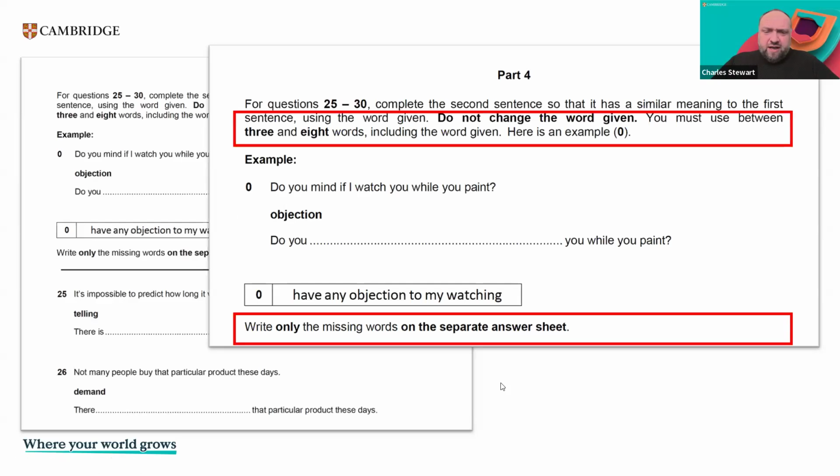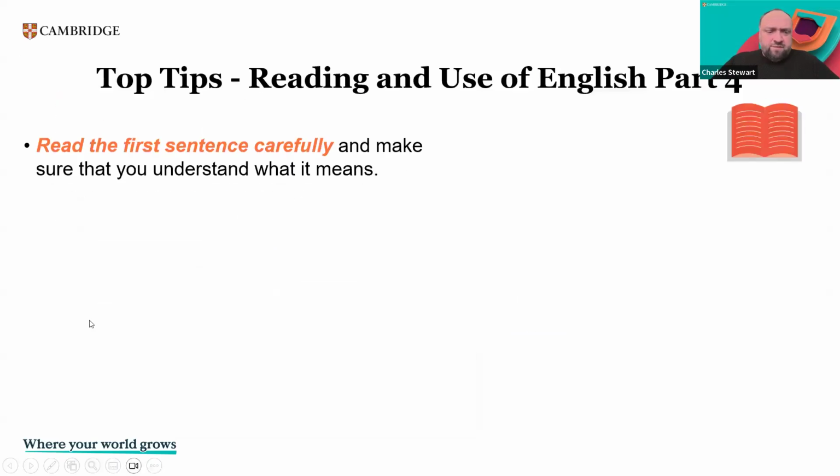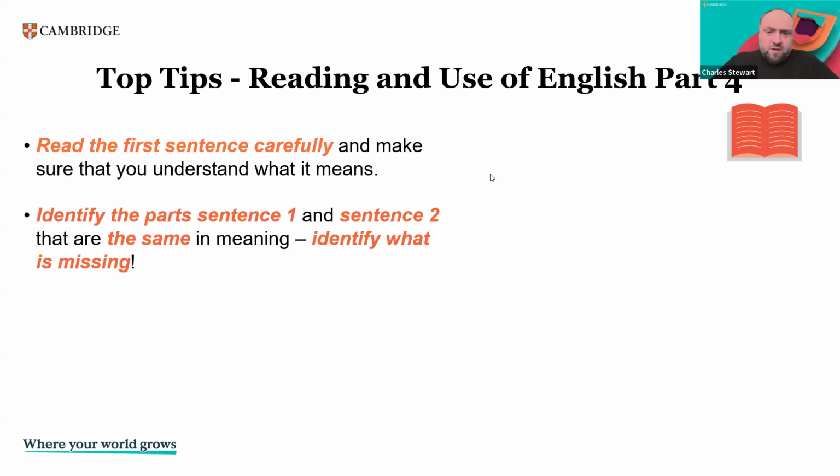So with this portion of the exam, the first tip that I will give you is read the first sentence very carefully to make sure that you understand exactly what it means. After you've done this, the next step, identify the parts in sentence one and sentence two that are the same. Mark those out because you know that the answer will not be anything that is the same.